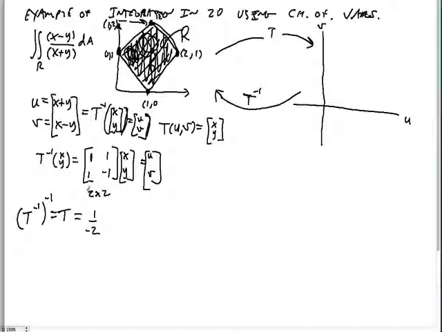And then the formula for computing this is that you exchange the diagonals, so that negative 1 goes to the top position and that positive 1 goes to the bottom position, and you take a negative of the off diagonals. And that creates 1 half, 1 half, 1 half, negative 1 half.